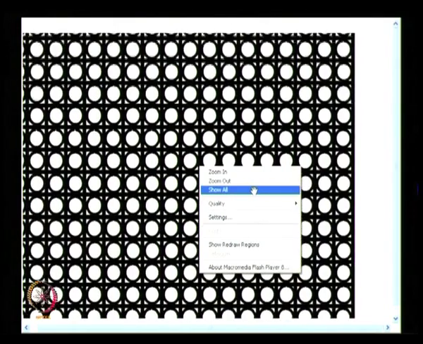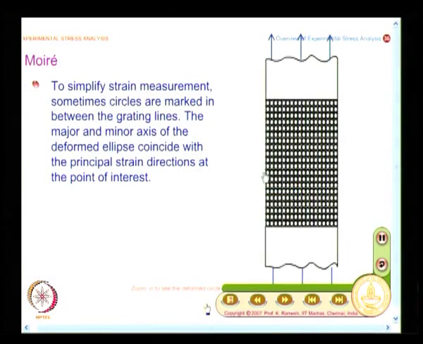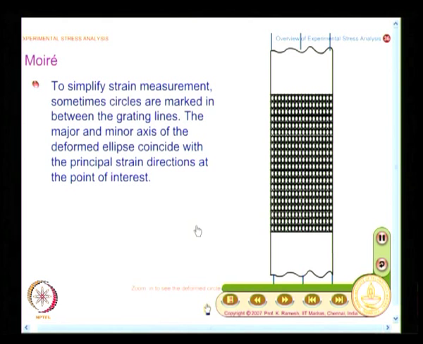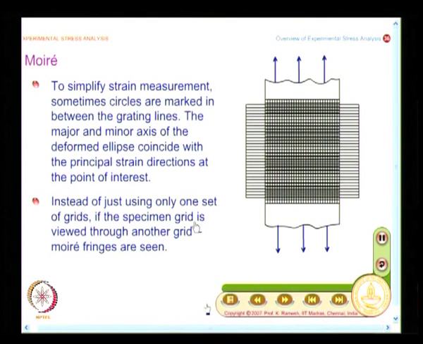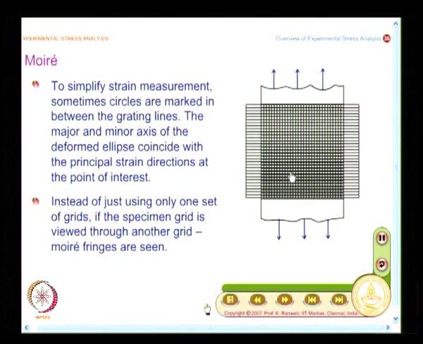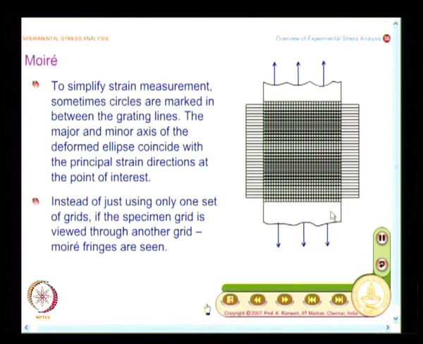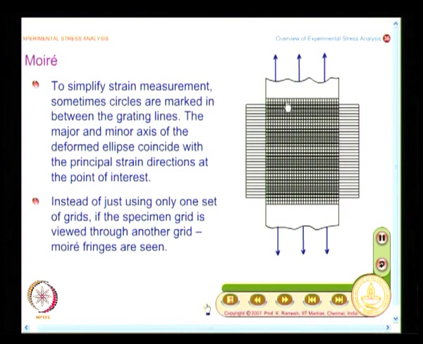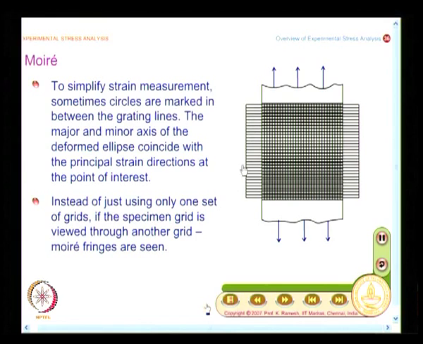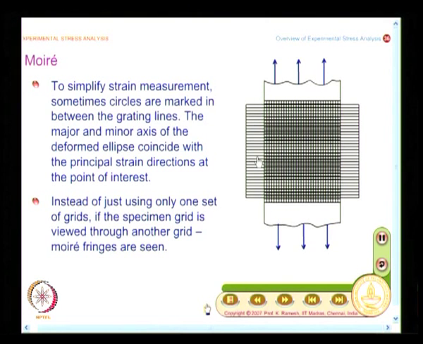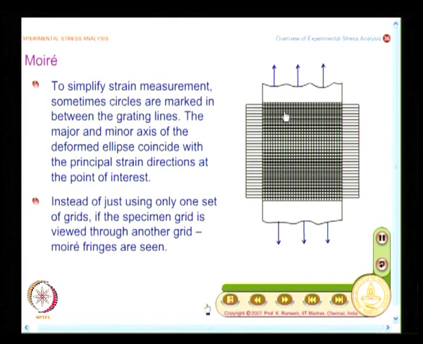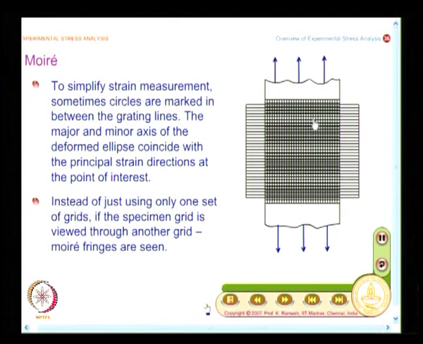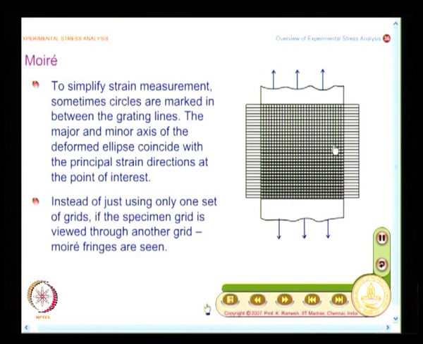Now, people felt that instead of just using one grid, if I have more than one grid, it makes it a little more comfortable. That is how Moiré started developing. What you find here is, I have a specimen, on the specimen I have a grid and I view it through another grid like this. I have only stretched it slightly, but I see a play of fringes on the specimen.